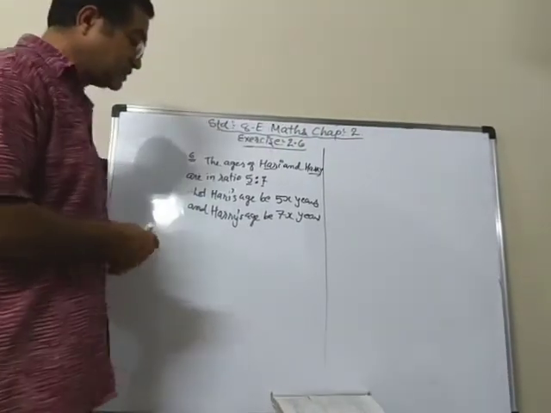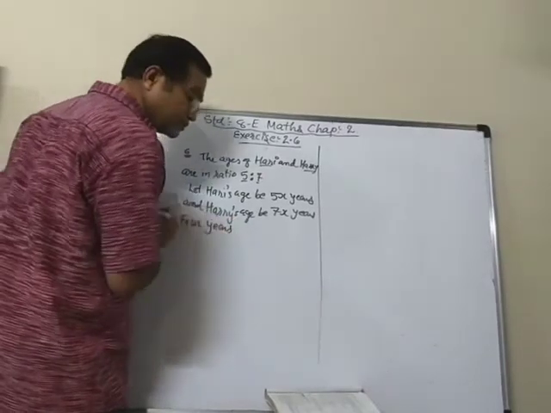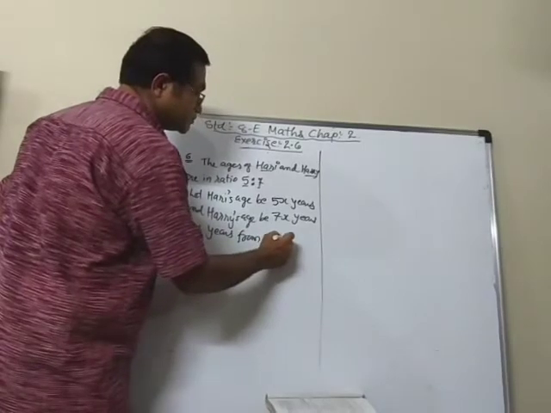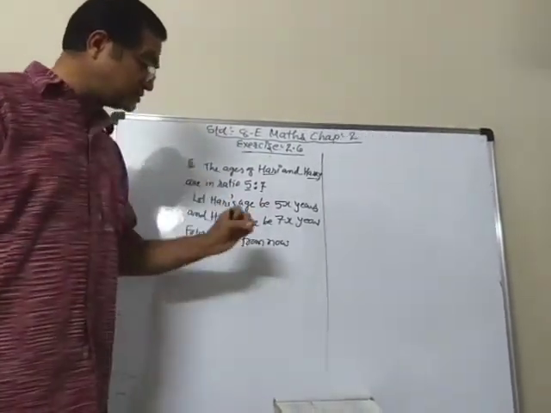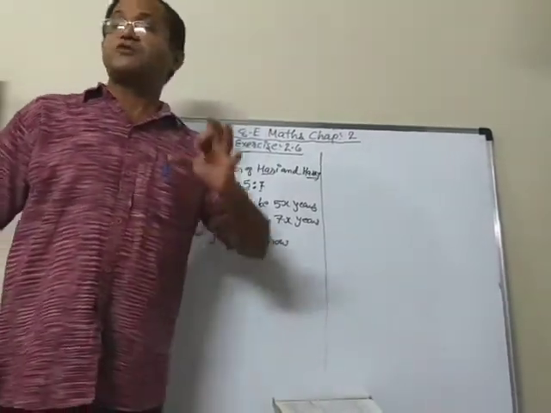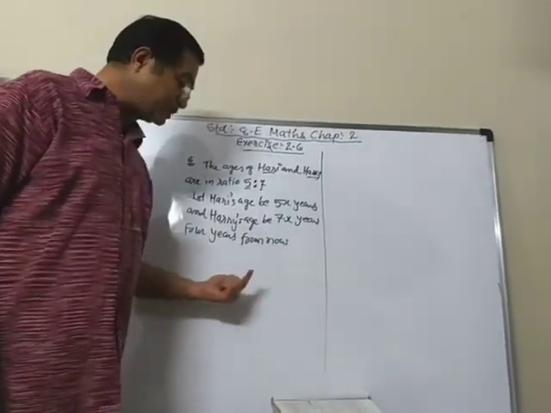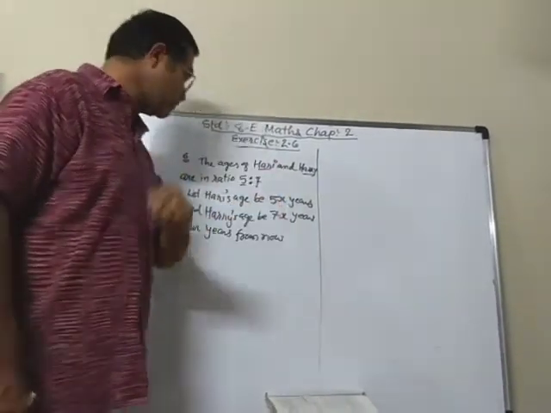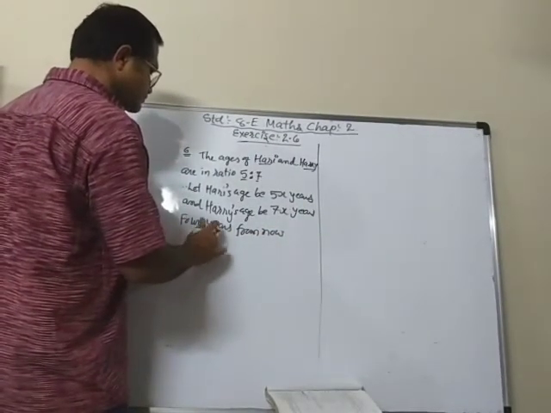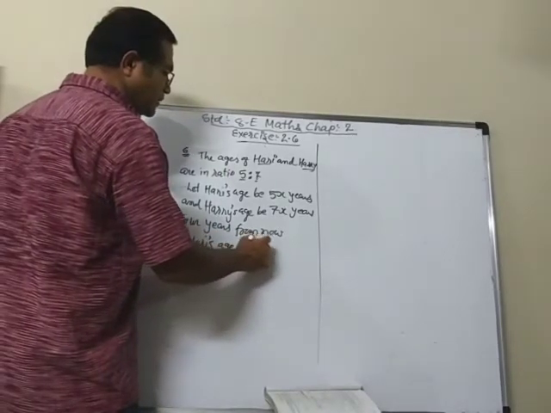Now the second condition, given 4 years from now. There is a relation given that 4 years from now the ratio of their ages will be 3:4. So first of all we have to find out what will be their ages after 4 years. So 4 years from now, Hari's age will be how many years?